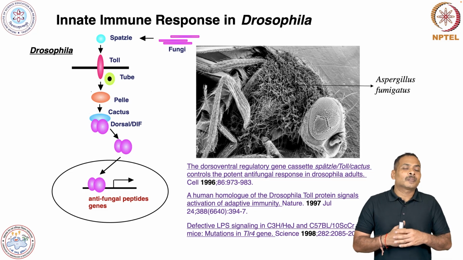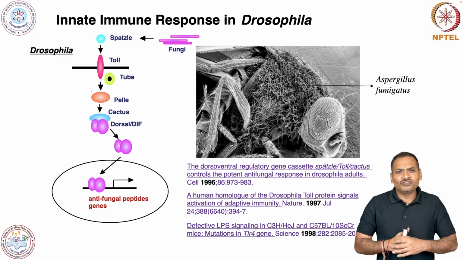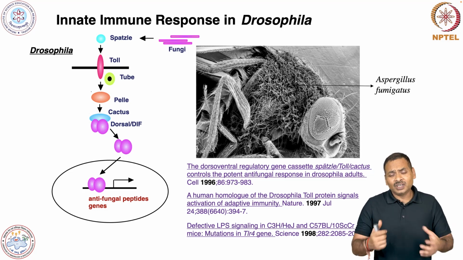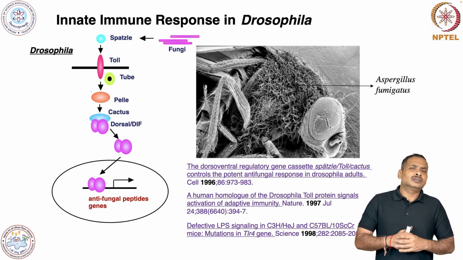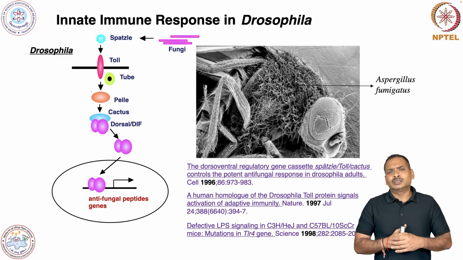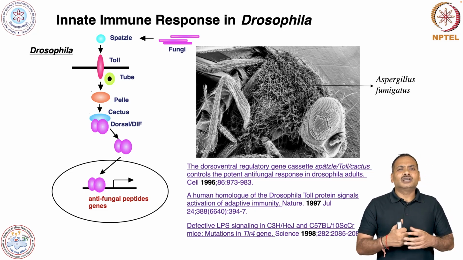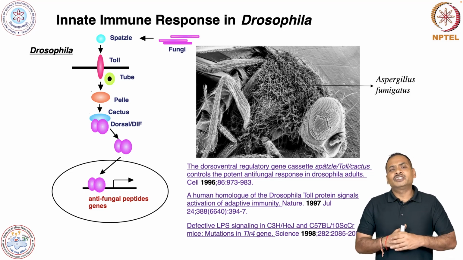One is Jules Hoffmann, who worked in Drosophila, and another is Bruce Beutler, who characterized TLR4 and the hyporesponsiveness of TLR4 in a particular strain of mice.